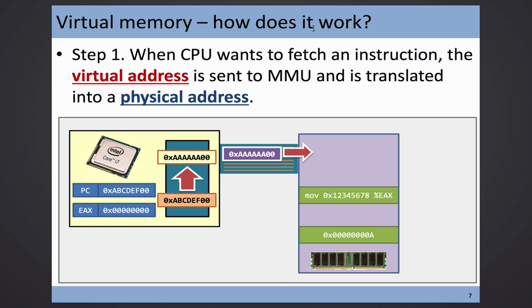The process knows that my instruction address is this. But actually, inside the machine, it doesn't think in this way. The machine first asks the MMU, hey, what is this guy talking about? I don't know this address. Please translate this address to the physical address, the physical world.